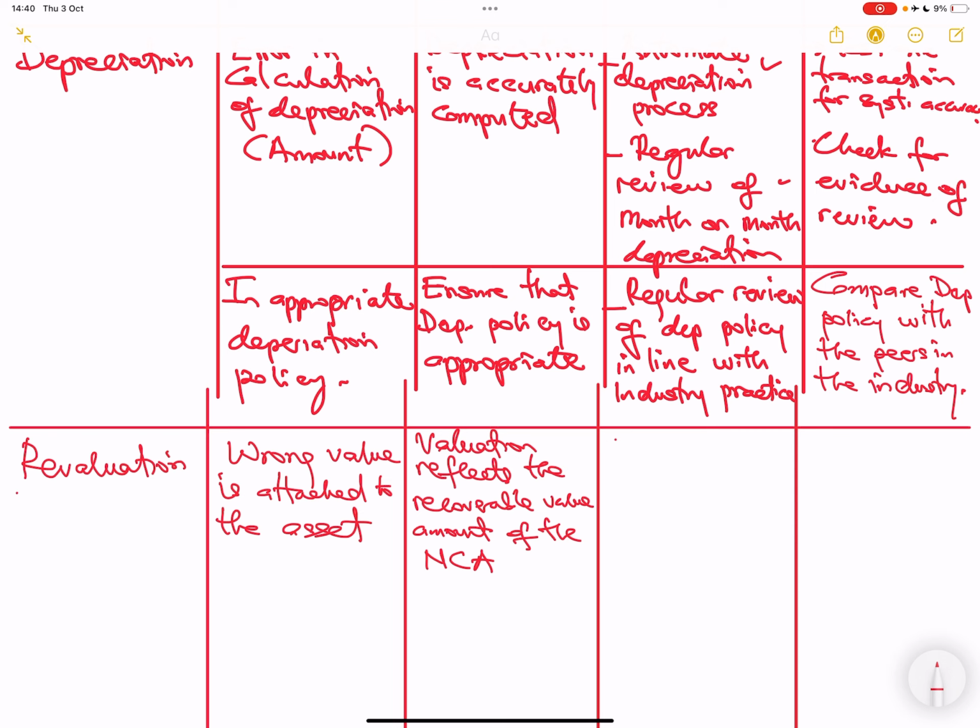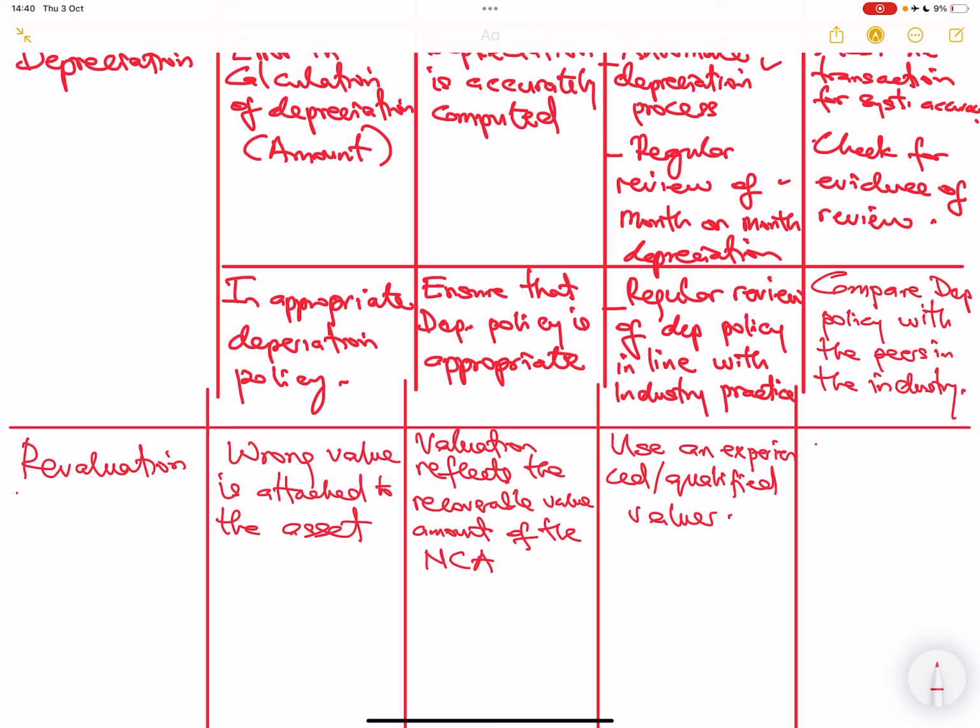And what will be your control? You have to use an experienced and qualified valuer. Very important, which is the same thing auditors will check.